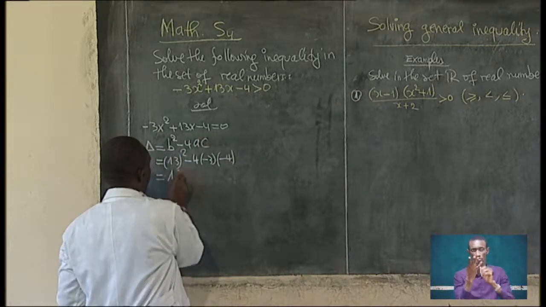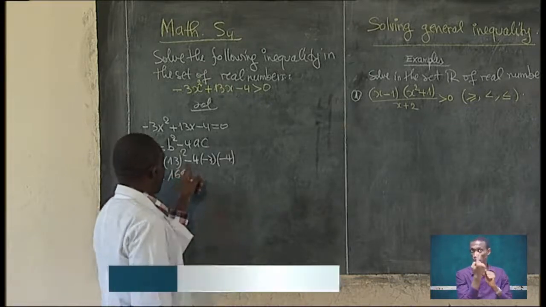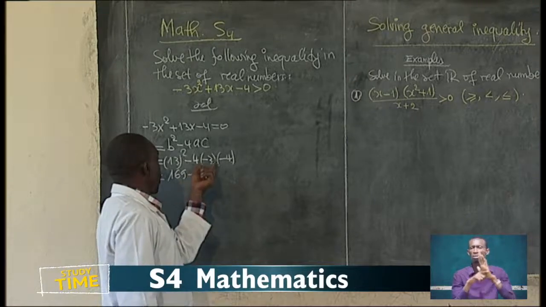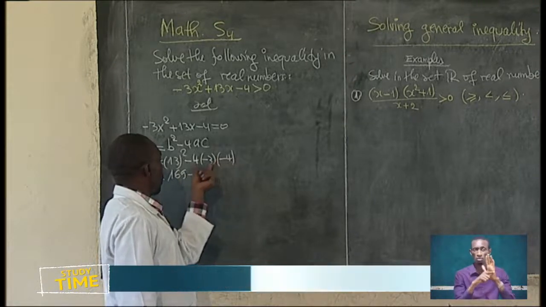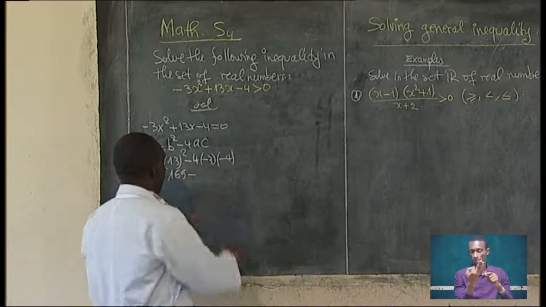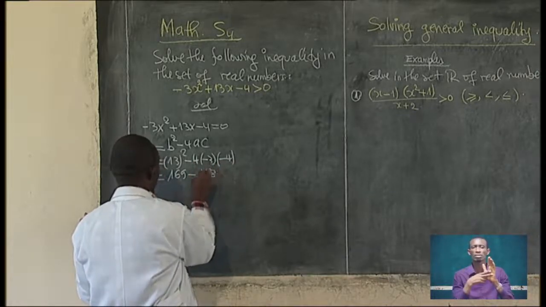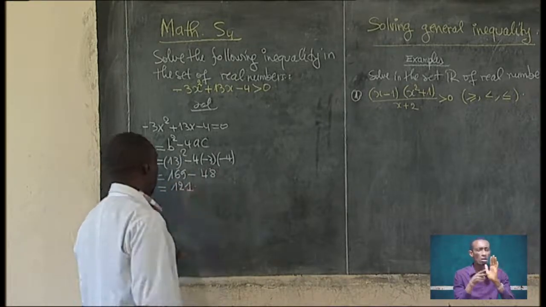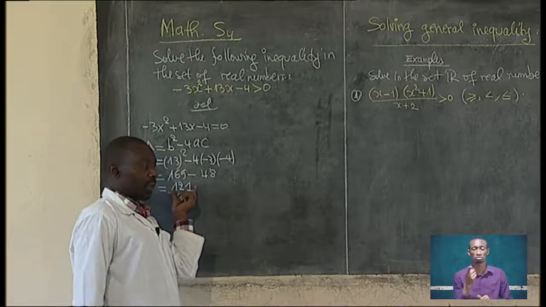This will be 169, negative sign, negative sign, negative sign, that will be negative. 4 times 3 is 12, times 4, this is minus 48. The difference is 121. So this is 11 squared.